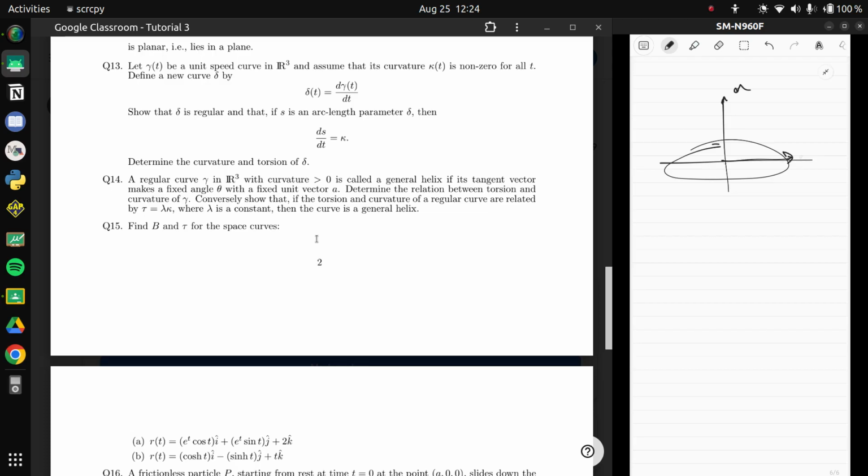I'll say this thing is like gamma double dot. Now gamma dot has to be perpendicular to this, so it's in this plane. So gamma triple dot might be something like that, and this might be your gamma dot, right? And so this would be theta. Then what we want is the parallelepiped that is made by this. So this has to be 90 degrees. There is actually already 90 degrees.